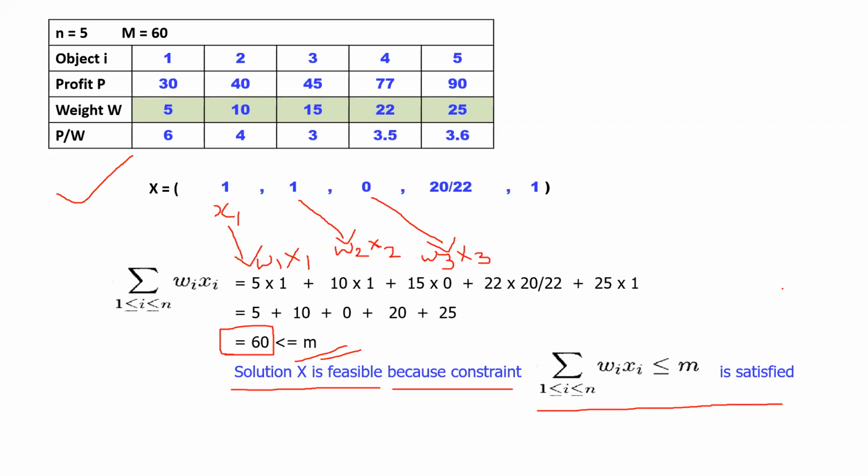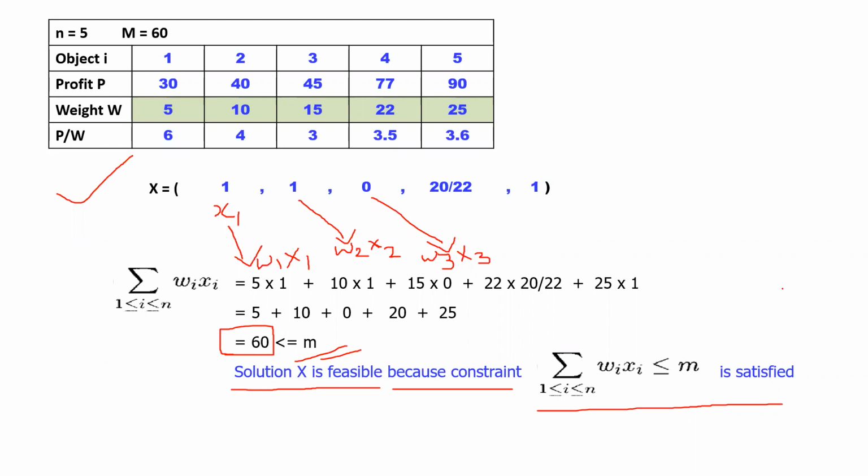In the previous session I defined what a feasible solution and an optimal solution are. A feasible solution is a solution which satisfies all the given constraints. So the solution vector that I have produced here is a feasible solution because it satisfies the constraint, and the constraint is that the maximum capacity of the bag is 60.